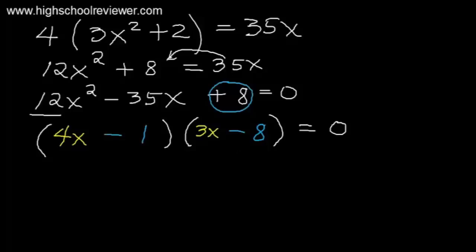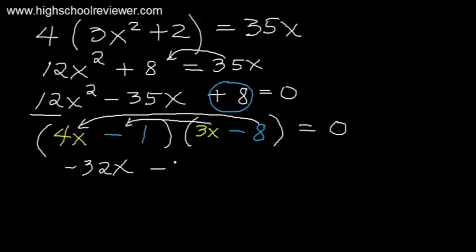Let us check if our factors are correct. So we will multiply the outside terms: negative 8 multiplied by 4x is negative 32x. And positive 3x multiplied by negative 1, these are the inside terms, is negative 3x.